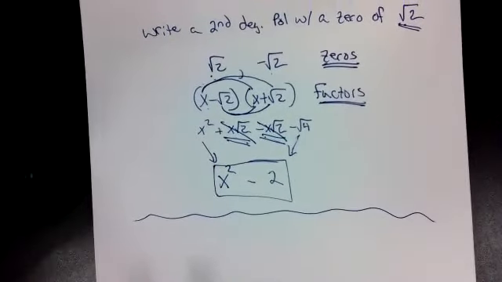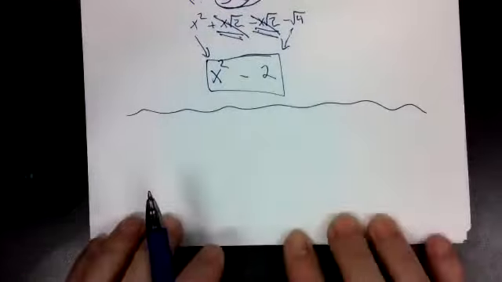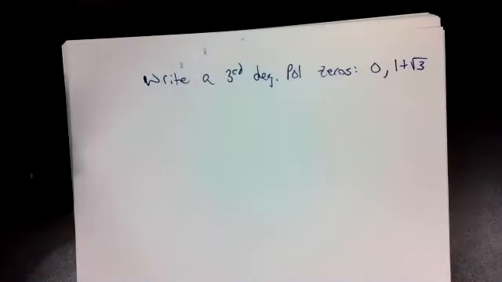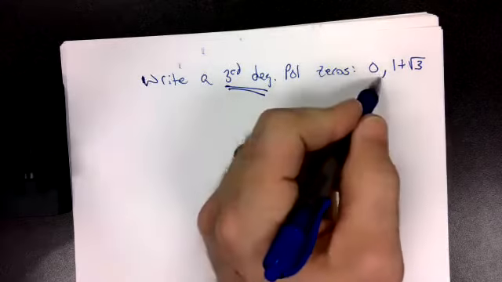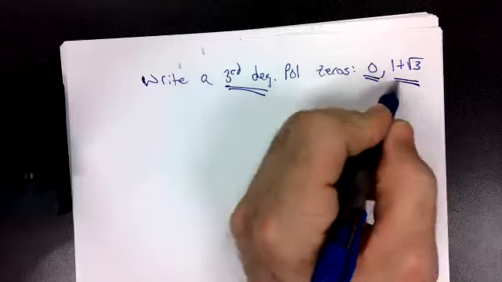All right, similar problem, but with more stuff going on. So let's say they asked me to write a third degree polynomial, and they gave me the zeros of 0 and 1 plus root 3.